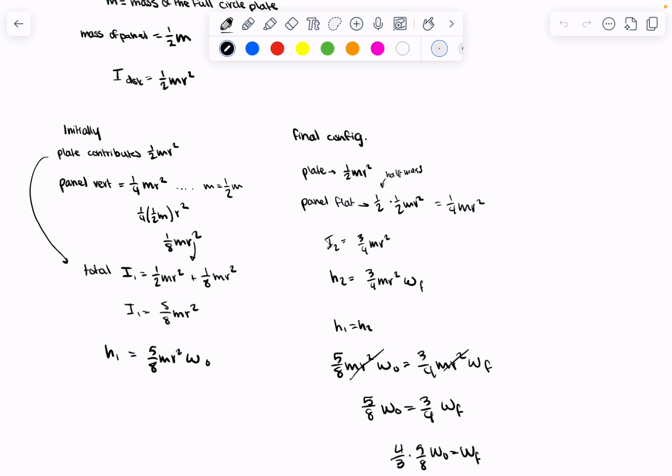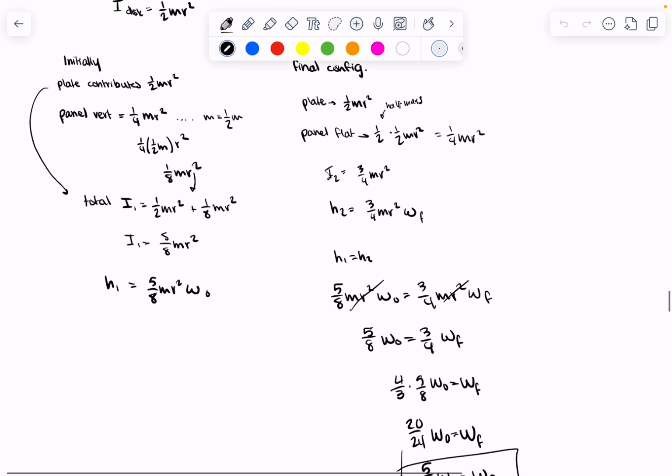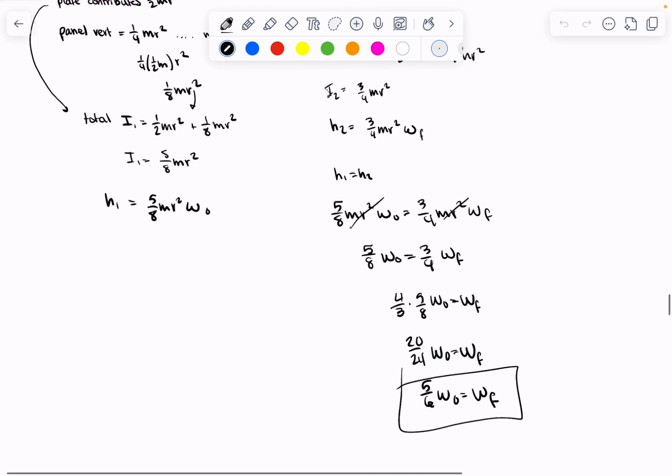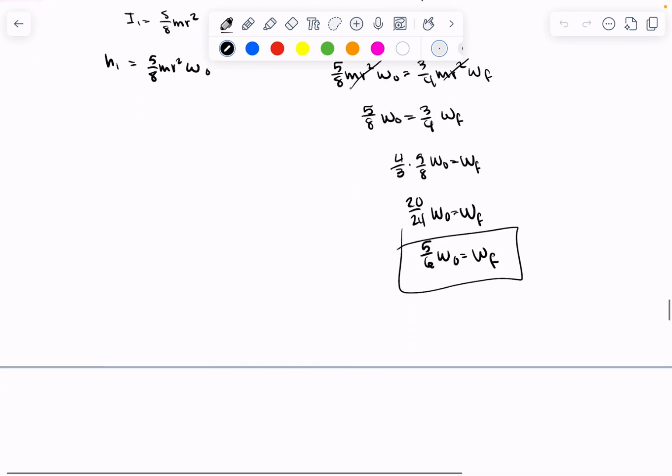So the total I is equal to 5/8 mr squared, and then we're just able to do before and after, set them equal to each other, cancel some things out, and calculate omega final in terms of omega initial.